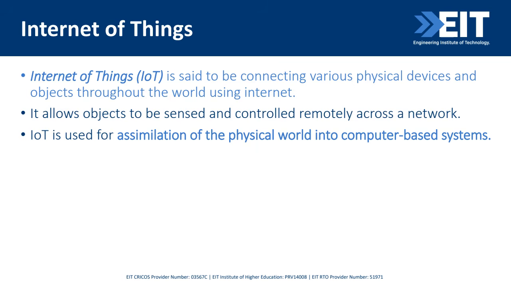Now, first of all, the Internet of Things. The Internet of Things, as you probably have seen it, you know about it, it is allowing things to connect to the internet. Okay? And by things, we really mean anything to connect to the internet. It could be a washing machine, it could be a microwave oven, it could be a thermostat.